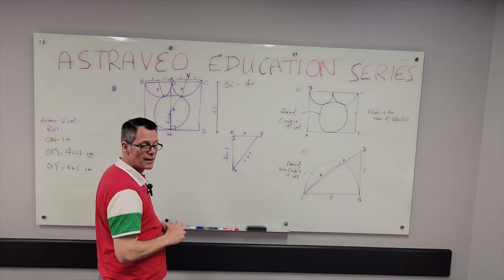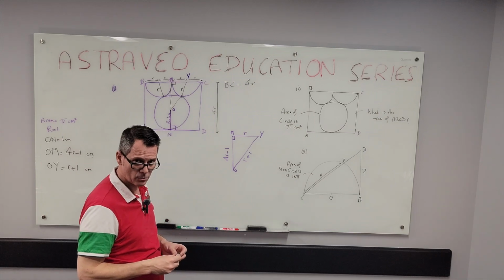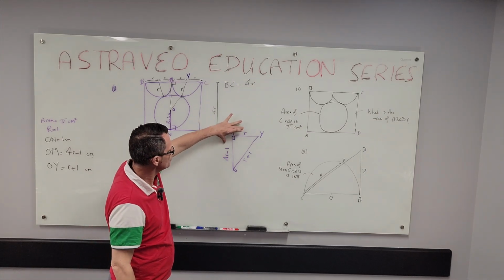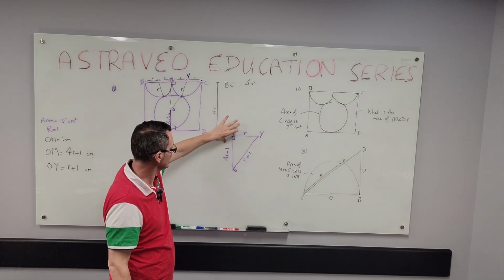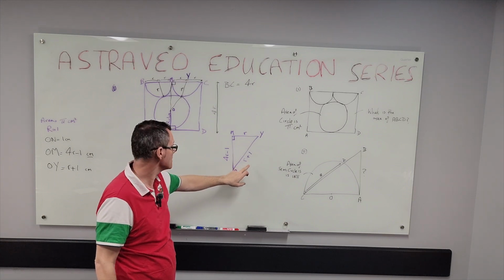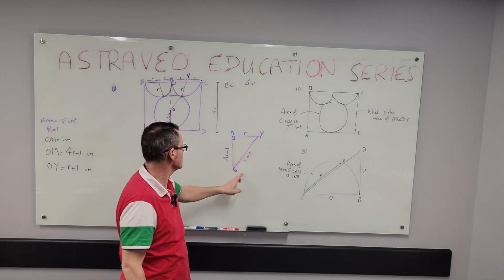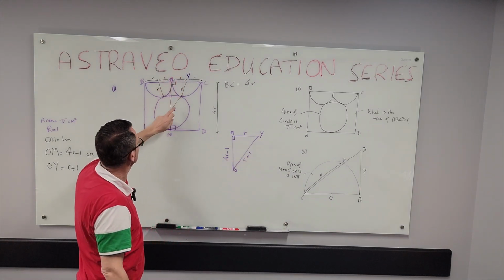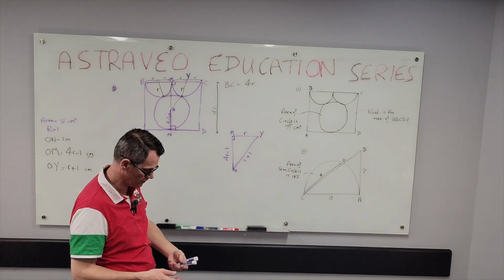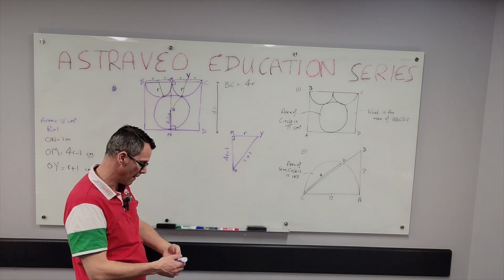So if you remember your Pythagorean theorem from an earlier Astraveo Education Series video, we know that the sum of the squares of the two shortest sides of a right angle triangle, there's the right angle, equals the square of the longest side, the hypotenuse, which is OY, the radius of 1 plus the r, the radius of the smaller semicircle.